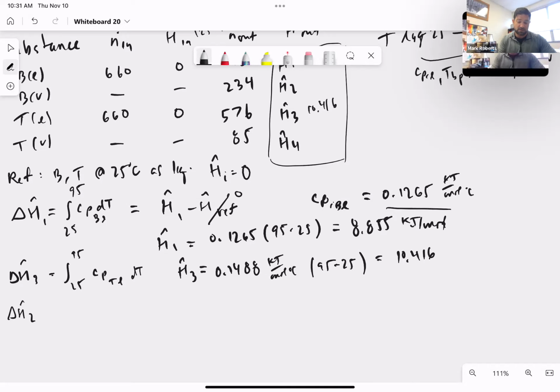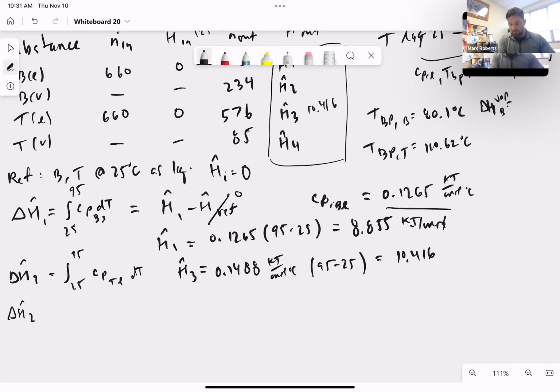So what I need to know here first is the boiling point. So T boiling point of benzene, if I go to table B1, I find that that's 80.1 degrees C. And while I'm here, I'm also going to get the boiling point of toluene. From the table, it's 110.62 degrees C.